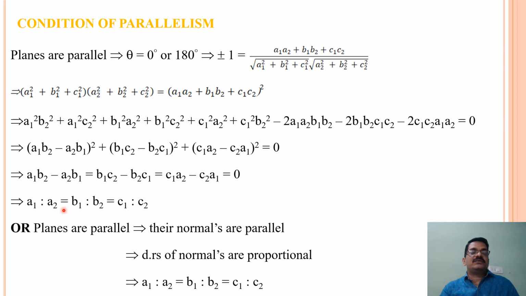Then A1 is to A2 is equal to B1 is to B2 is equal to C1 is to C2. Or given two planes are parallel, that implies their normals are parallel. That implies DRs of normals are proportional. That is A1 is to A2 is equal to B1 is to B2 is equal to C1 is to C2.